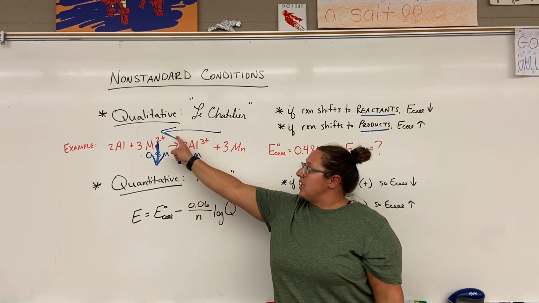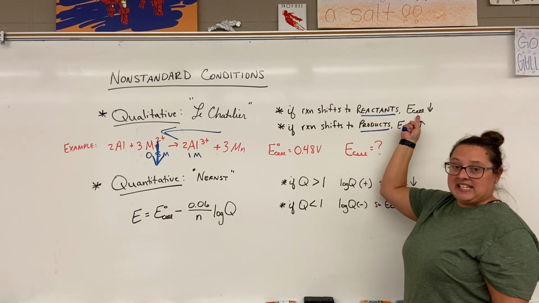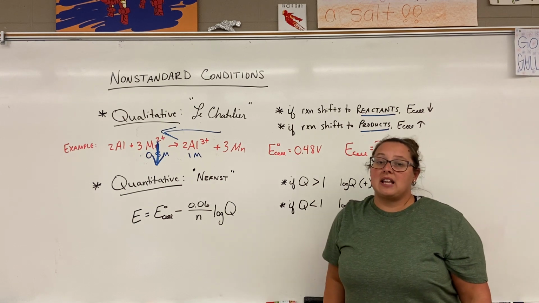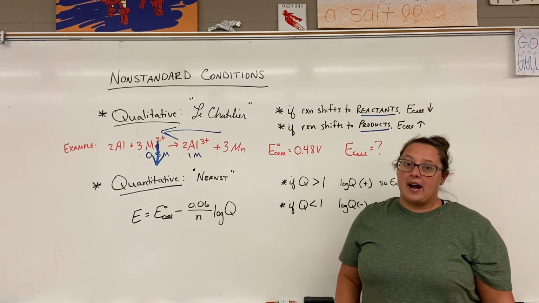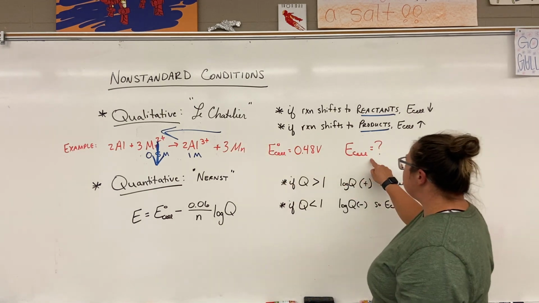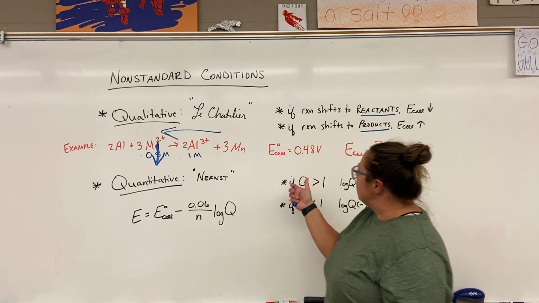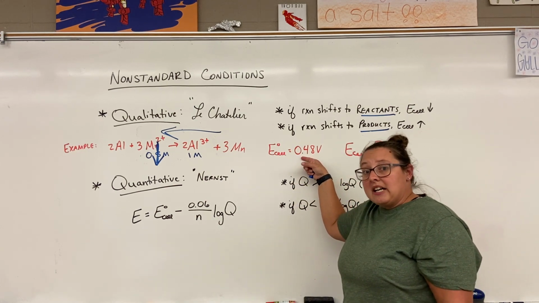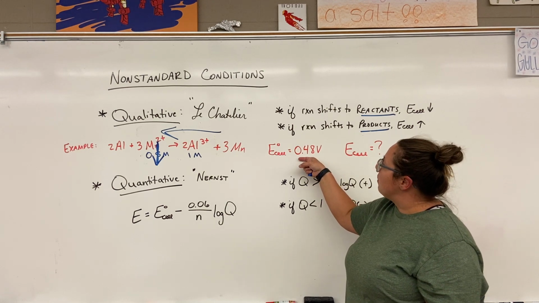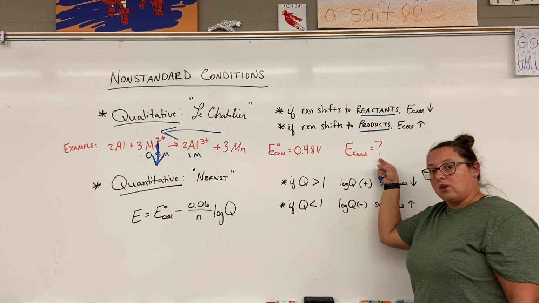And that shift to the reactant side is going to cause my Ecell to decrease. Why? Because you're pushing less electrons through that wire. So this is how conceptually we predict what will happen to our Ecell. In this instance, I don't know numerically what my new Ecell will be, but I know it will be some number less than 0.48 volts.